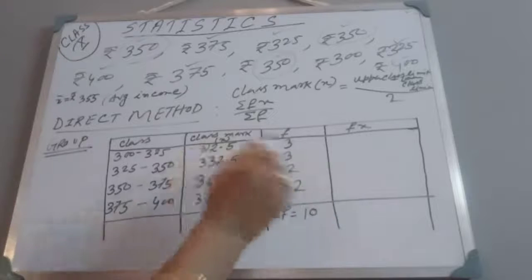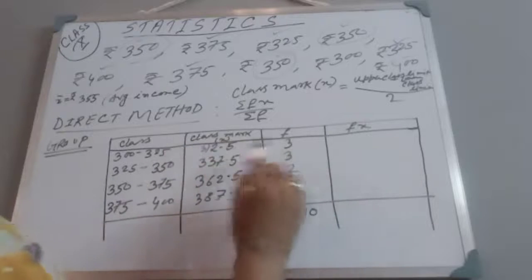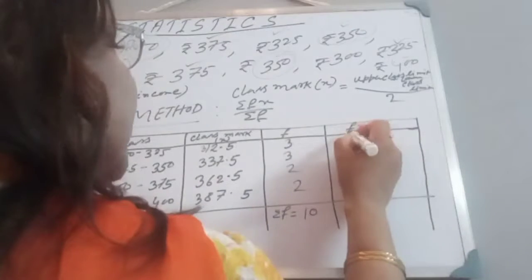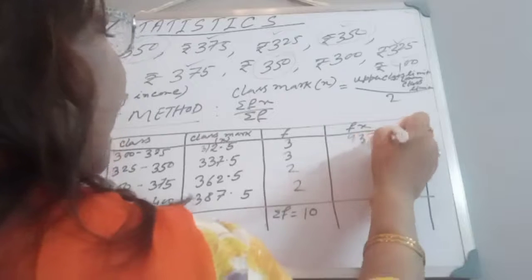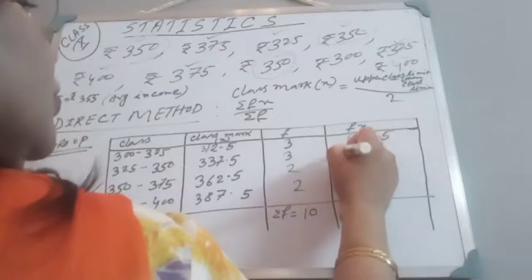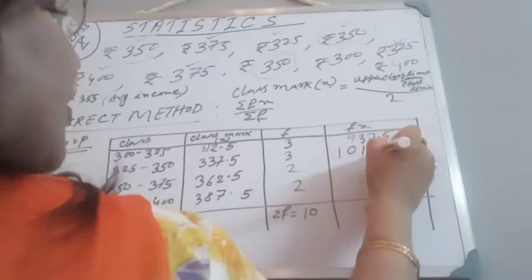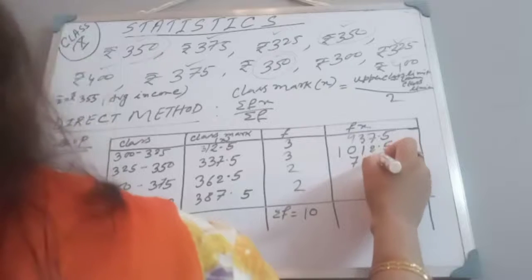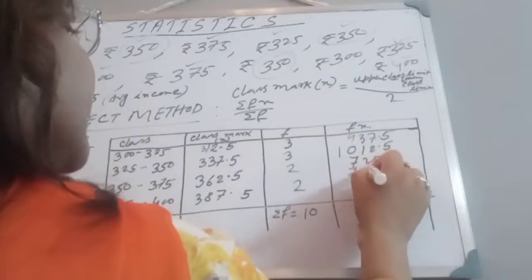Now find the multiplications. 312.5 into 3 gives 937.5, then 1012.5, then 725, and then 775.